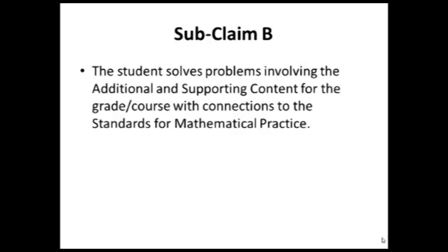So there are some new topics. But more importantly, and this is where you want to really look at that horizontal coherence of the Common Core, that internal coherence, how the topics are connected, this is also content that supports student understanding of the subclaim A topics. So let's take a look at some examples and see if we can make sense of what that means.